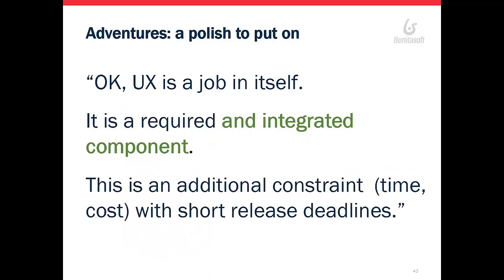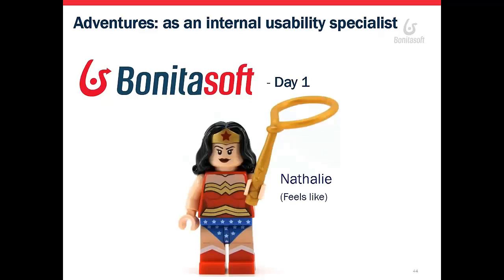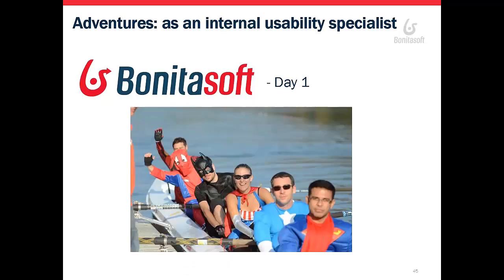So now, okay, UX is a job in itself. It requires an integrated component. We see it cannot be just a polish at the end of the project. But when you are hired as an internal usability specialist, an integrated component, you arrive day one. You're not as fresh as before, okay, but you still have some motivation to bring to the development team.